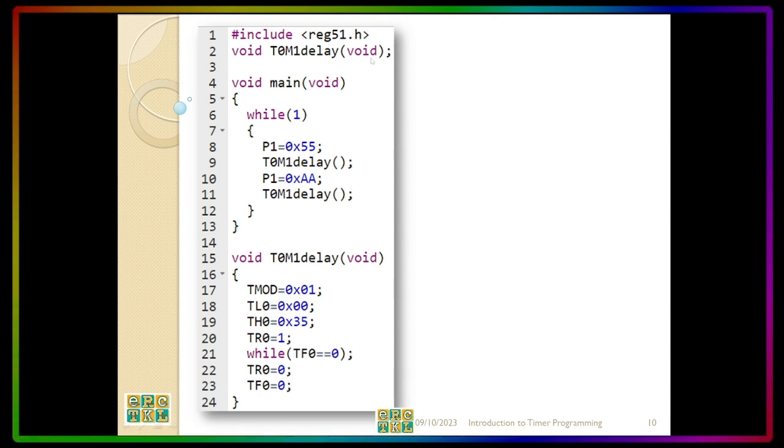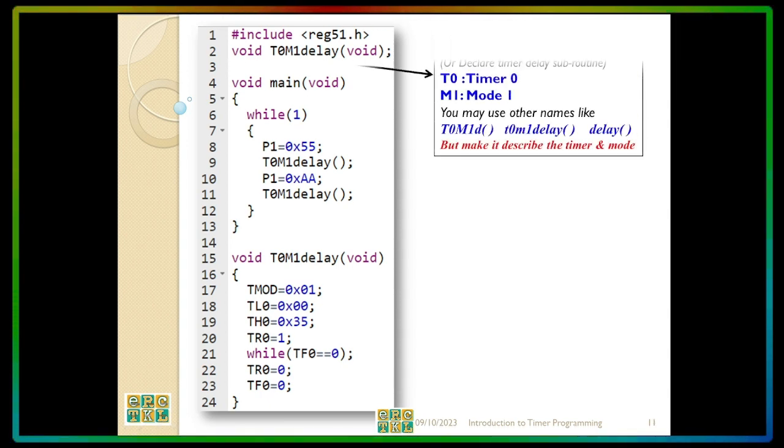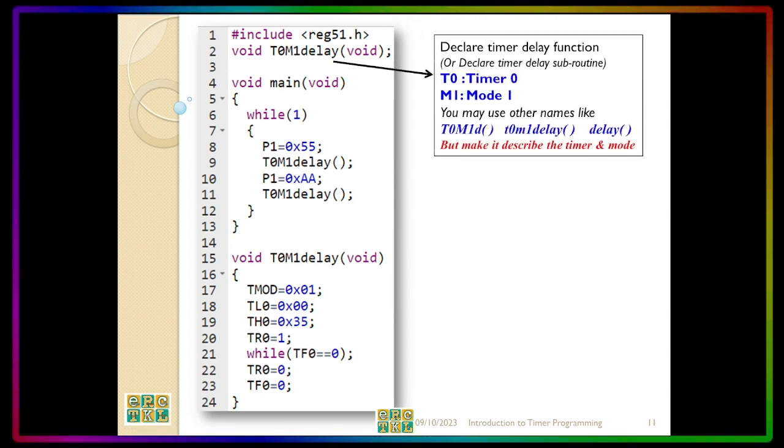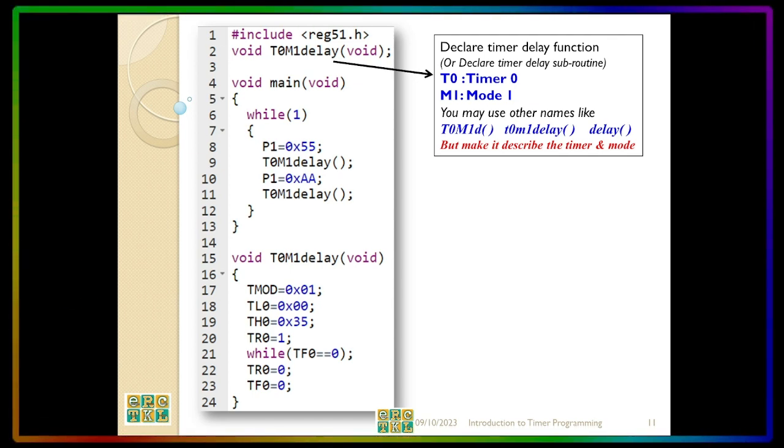So this number 2 is declaring the timer and the mode. This will declare the timer delay function or subroutine. Subroutine means a routine or steps or series of commands inside another routine.